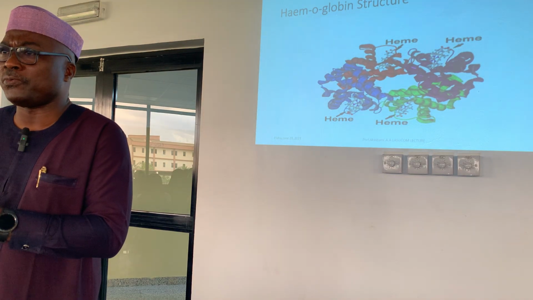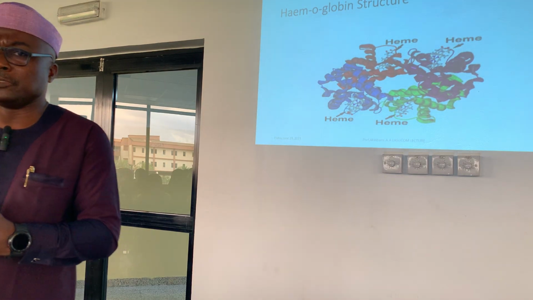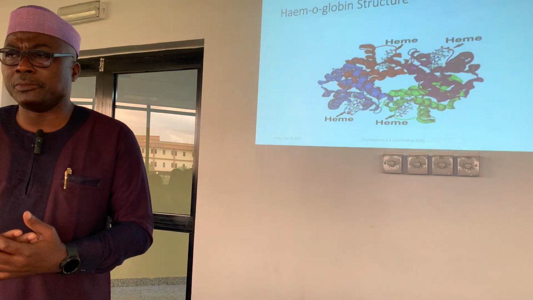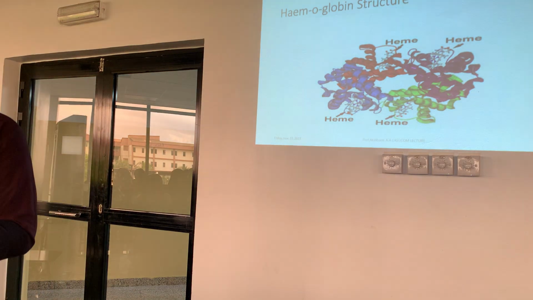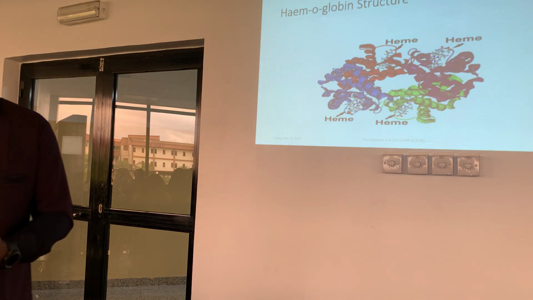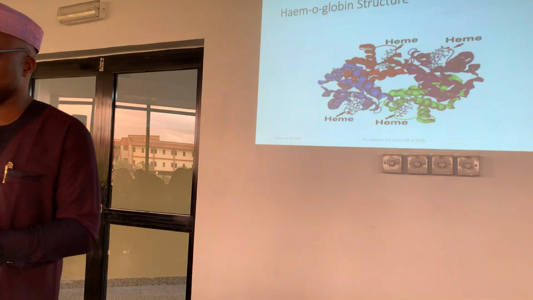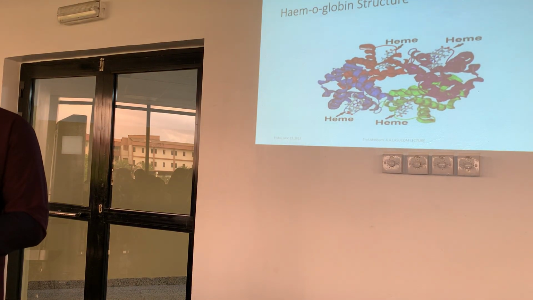For example, the heme has an iron that is responsible for carrying the oxygen, and it has to be in ferrous state. If it is in ferric state, that's Fe3, then it is called methemoglobin.